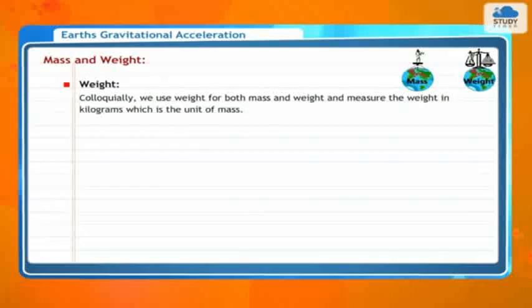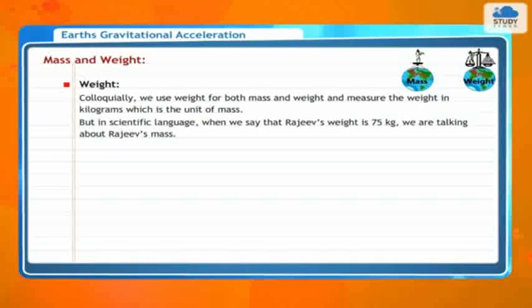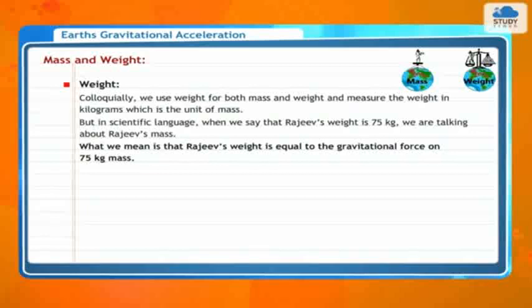Colloquially, we use weight for both mass and weight and measure the weight in kilograms, which is the unit of mass. But in scientific language, when we say that Rajiv's weight is 75 kg, we are talking about Rajiv's mass. What we mean is that Rajiv's weight is equal to the gravitational force on 75 kg mass.